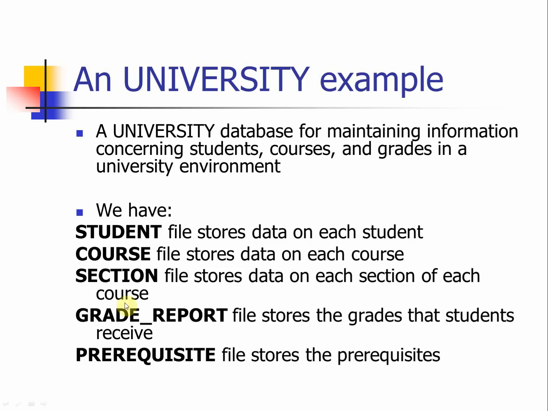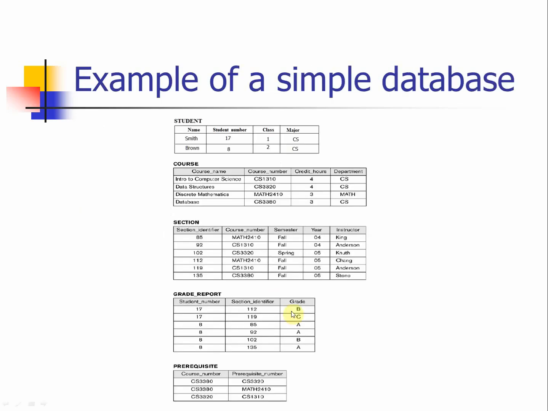Based on that, you also need to report which students are taking which course section to get a score or grade at the end of the semester. Of course, some courses have prerequisites, and that is another table that stores that kind of information. So if we go into the next slide, you see that this database consists of 5 different tables.